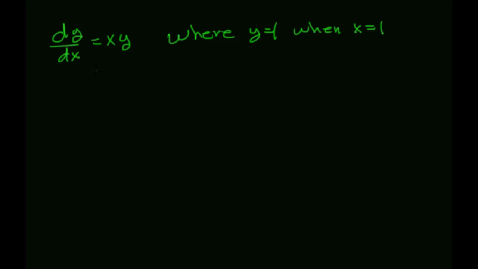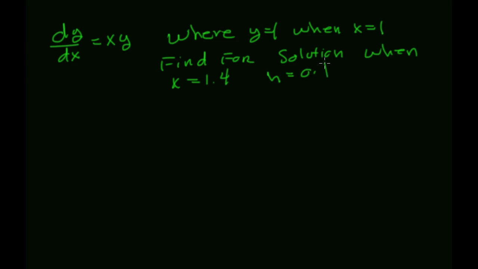And we're going to use this to find an estimate for the solution when x is equal to 1.4 using a step size of 0.1. All right, so my initial value x0 is 1. My initial value for y is also 1.